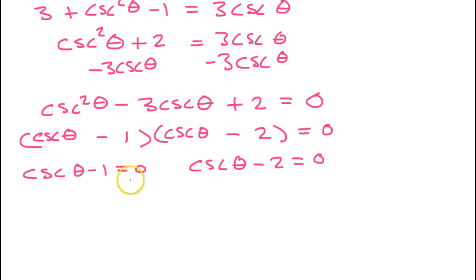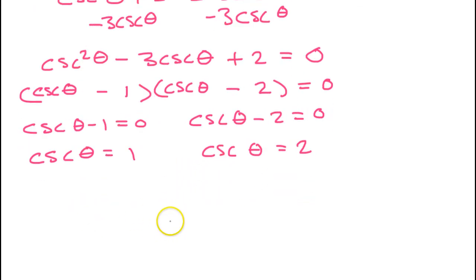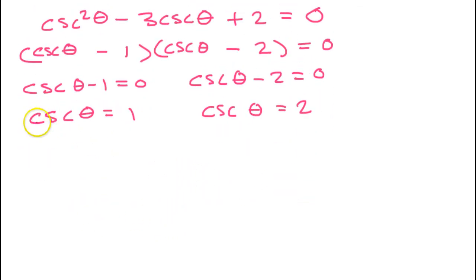Adding 1 to both sides and adding 2 to both sides will give us cosecant theta is equal to 1, and cosecant theta is equal to 2. Cosecant is the reciprocal of sine. So doing the reciprocal of both sides will give me sine theta is equal to 1. The reciprocal of 1 is still 1. And sine theta is equal to 1/2.